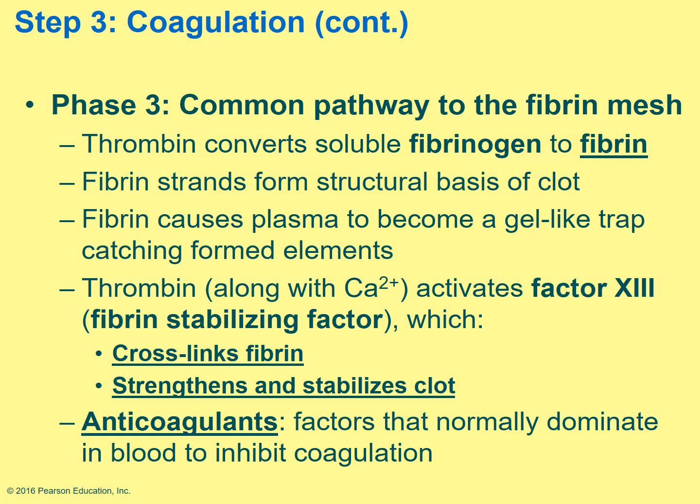Phase 3 is where the thrombin is going to convert fibrinogen to fibrin. So it's a cascade process that has to occur in this order. The fibrin is going to help to form that net to enclose the gel and form that trap, if you will, form that clot.